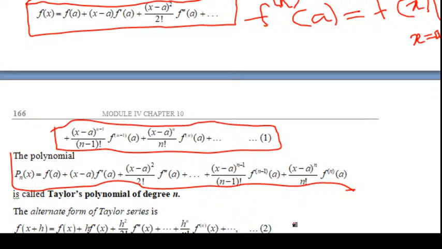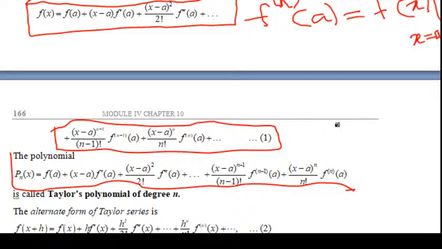On expansion, (x minus a) to the power n gives us a polynomial of degree n in the variable x. What about (x minus a) to the power n minus 1? It gives a polynomial of degree n minus 1.